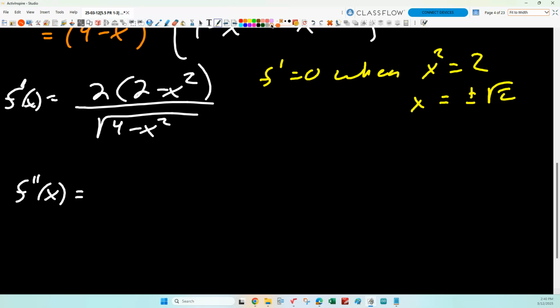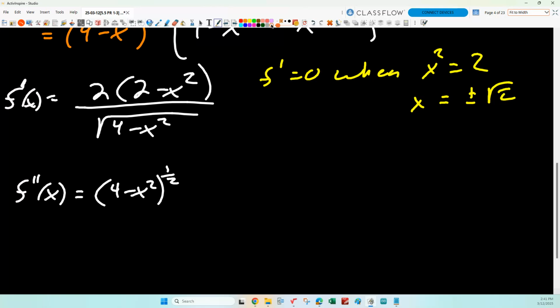Low, and I'm going to make that a fractional exponent, right? So 4 minus x squared to the 1/2, that's low, times, what's the derivative of high? 2 times negative 2x, so negative 4x.